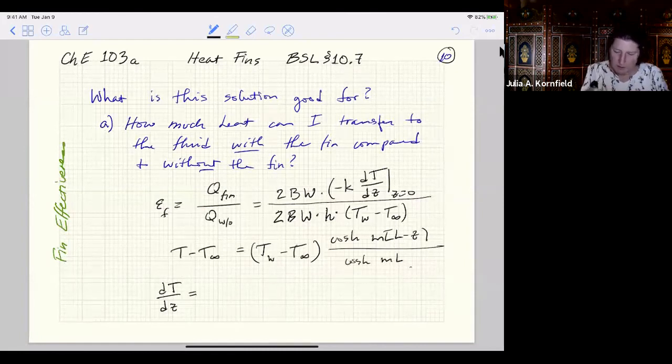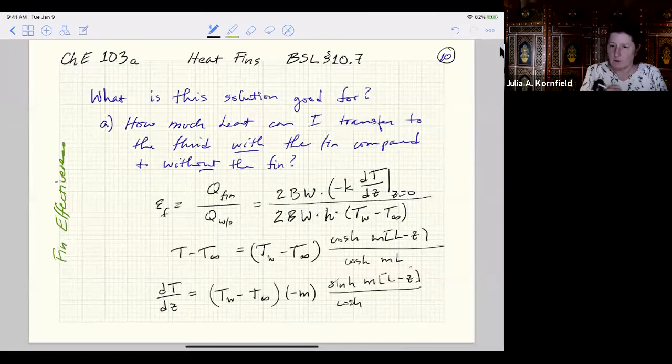Taking this derivative, we're going to get a factor of minus m. This will become sinh over cosh.